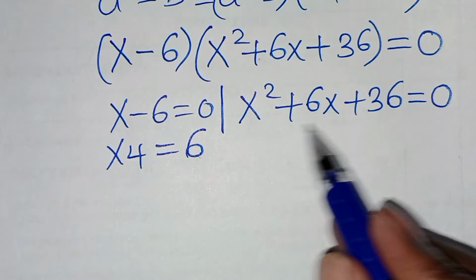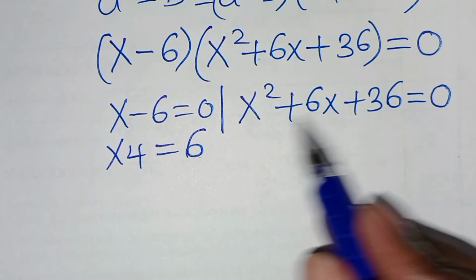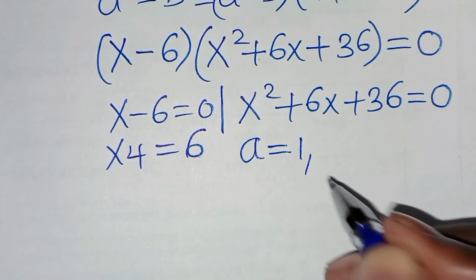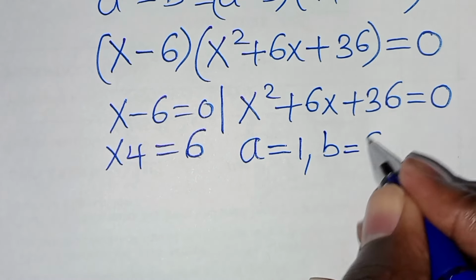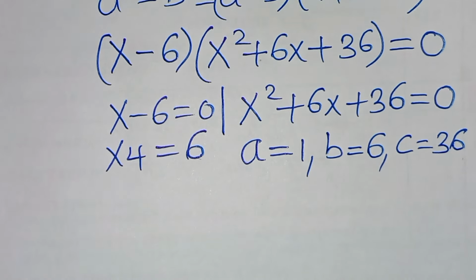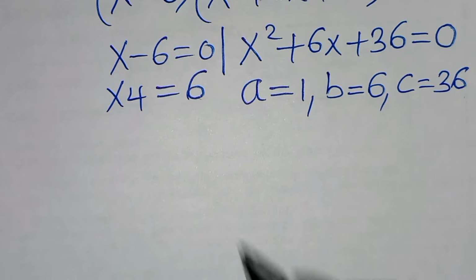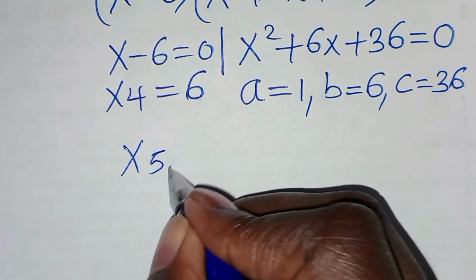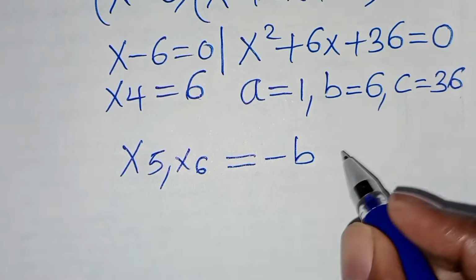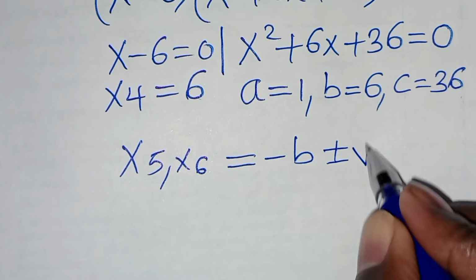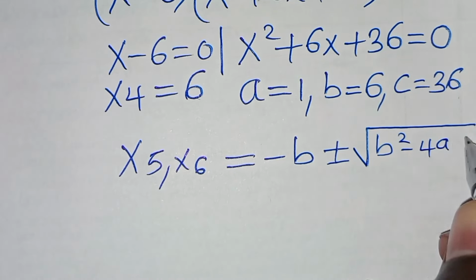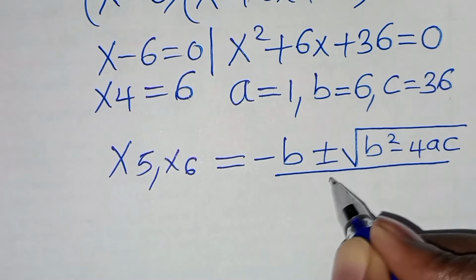Now let's solve for x5 and x6 here. This is the quadratic equation where a is equal to 1, b is equal to 6, and c is equal to 36. So applying the quadratic formula here, x5, x6 will have minus b plus or minus the square root of b squared minus 4 times a times c over 2 times a.